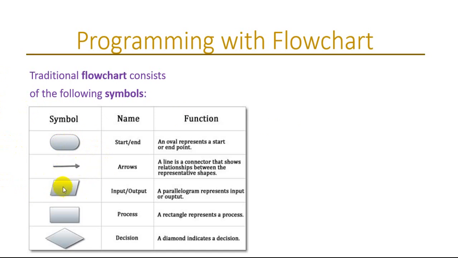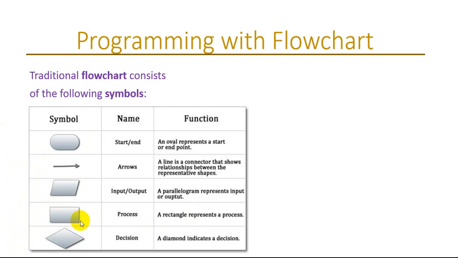And if you are trying to take something as user input, or you want to show something to the user on the screen, or print, or output, you use this symbol. If you want to do processes, like assign a value to a variable or do something, all the other things other than input, output, and start and end, you are asked to use the process symbol.